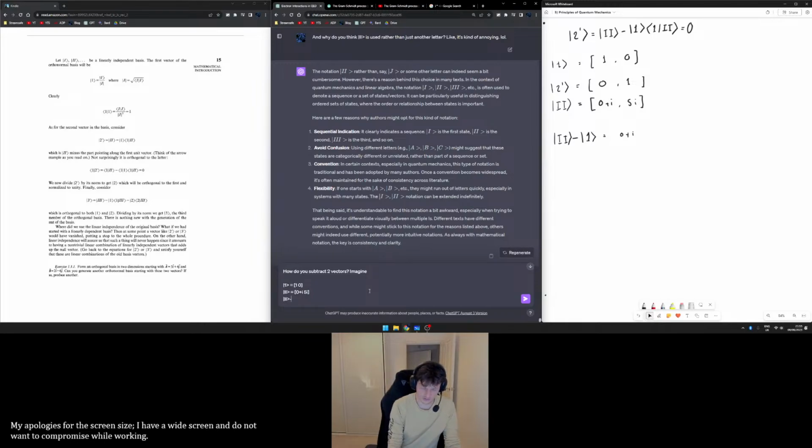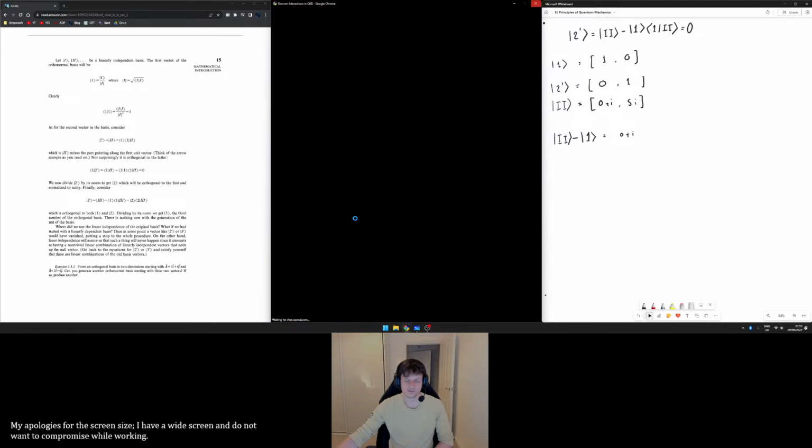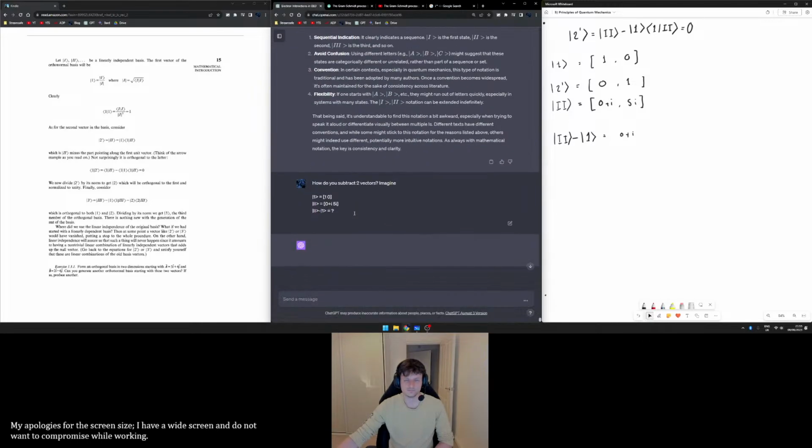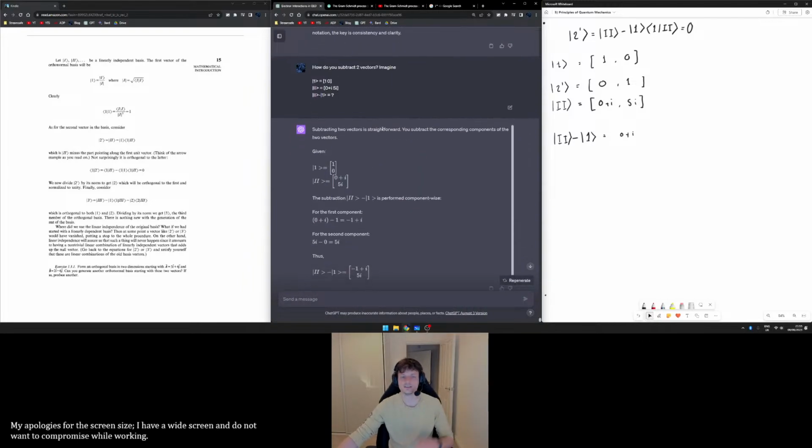I minus 1 equals... I'm guessing you just subtract each part. Subtracting two vectors is straightforward. You subtract the corresponding components of the two vectors.